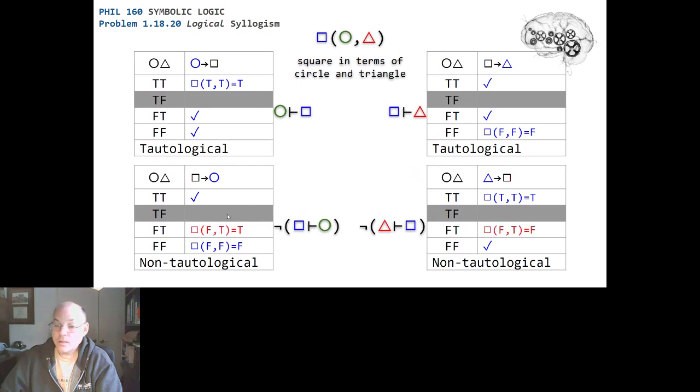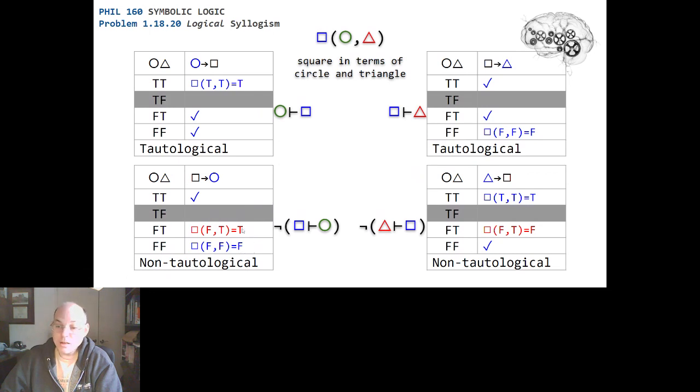And again, for these non-tautology requirements, we need at least one row to be false in order to close that off from being a tautology. We already know that in the case of square FF, this F value is going to give us a true statement. So that's why it's blue. It's going to give us a true statement.